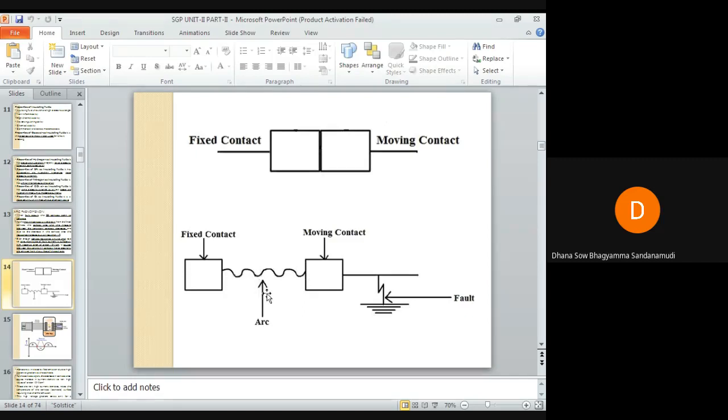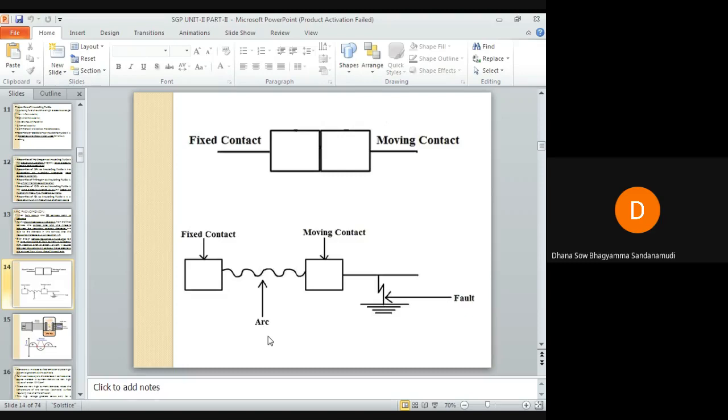There should not be any discharge of electrons from one contact to another. But it is observed that whenever circuit breaker contacts open, an arc is struck between the contacts. That means the circuit is not breaking immediately. The arc will persist for a short interval of time.